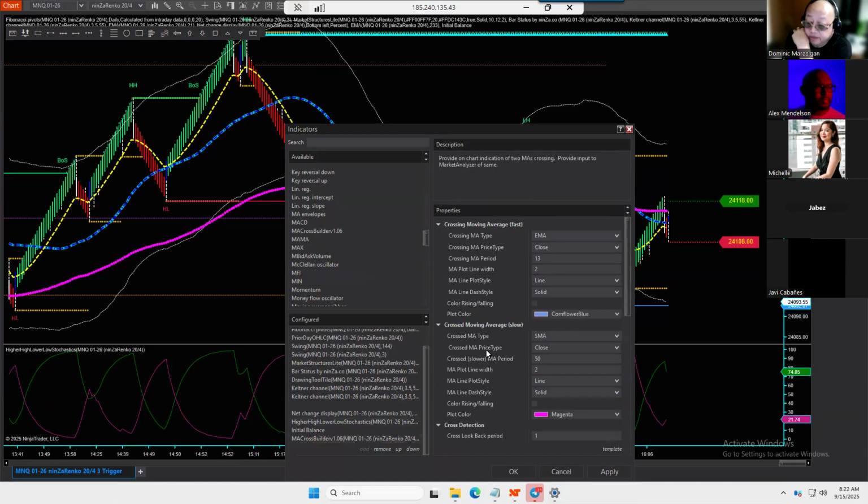This one, I'm going to have as a 21 EMA. This would be a line.